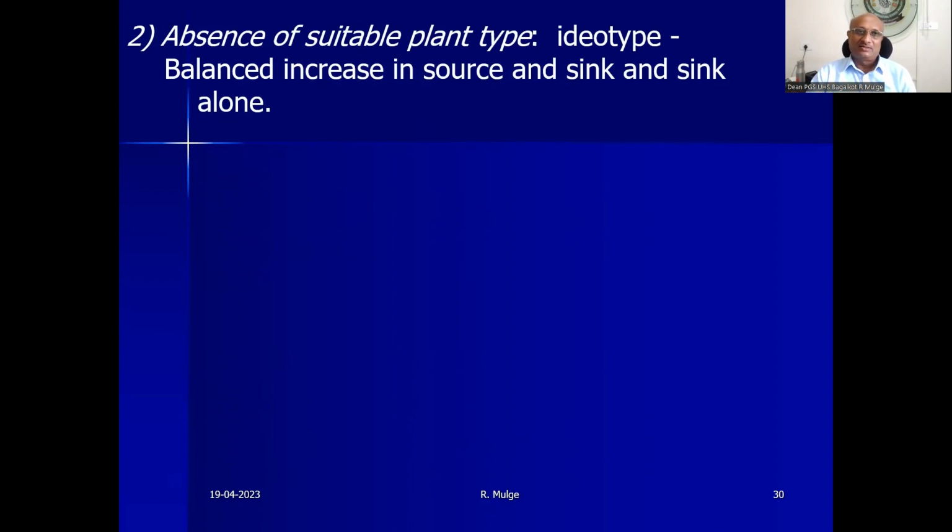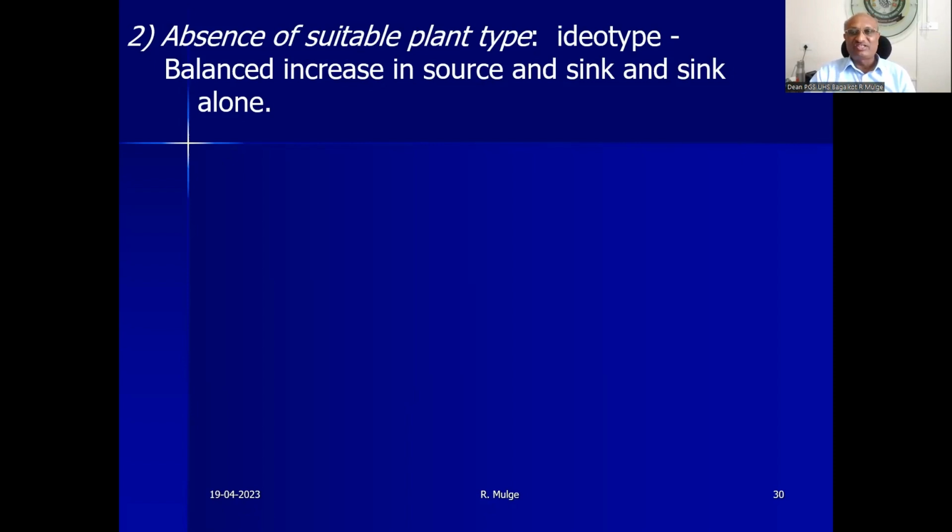So there should be a balanced increase in the source and sink, and not the sink alone. That means where the carbohydrates are produced and where they are stored, which you realize as yield. It's not that you want a plant with high yield without any support from the photosynthetic area.